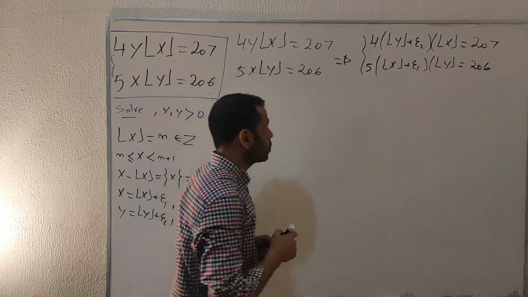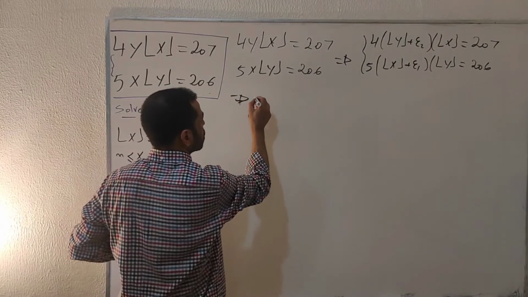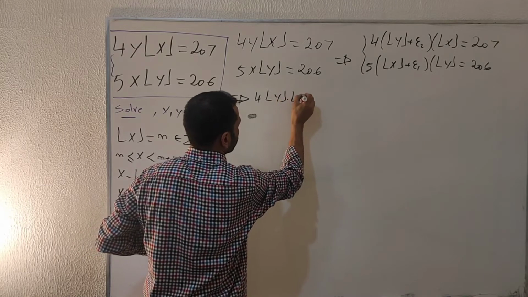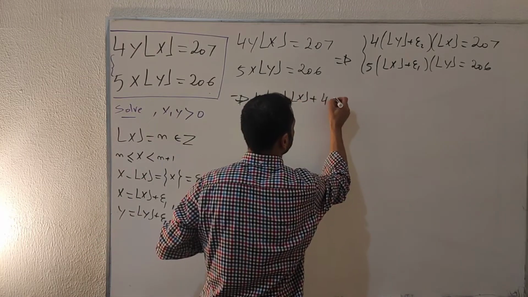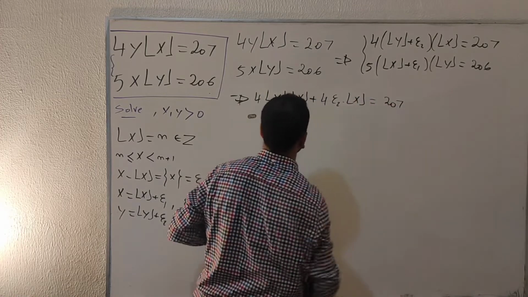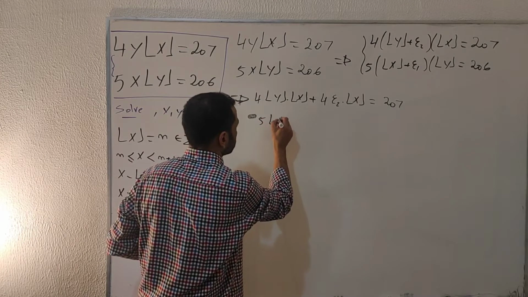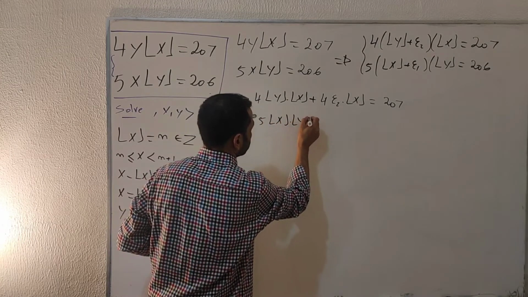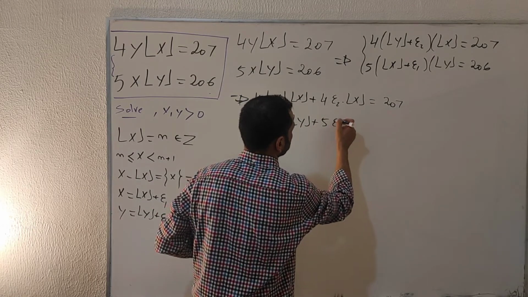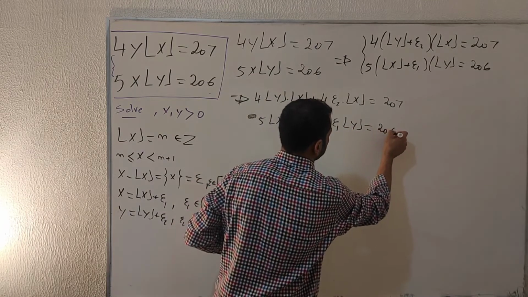Then I'm going to distribute. I get 4 multiplied by the floor of y multiplied by the floor of x, plus 4 multiplied by epsilon 2 multiplied by the floor of x, equals 207. I have the same thing for the second equation: 5 multiplied by the floor of x multiplied by the floor of y, plus 5 multiplied by epsilon 1 multiplied by the floor of y, equals 206.